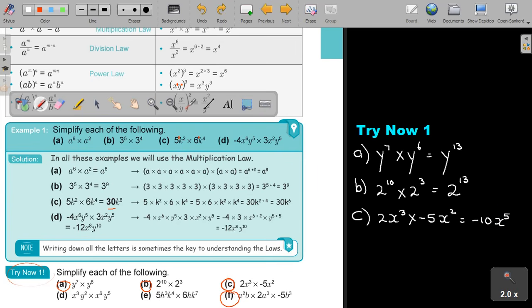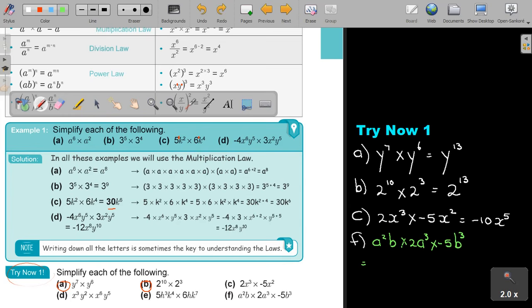And then the final one, which will be number f. So this was a squared b, meaning 2 a's, times 2a to the power 3, that means 3 a's, times negative 5b to the power of 3.